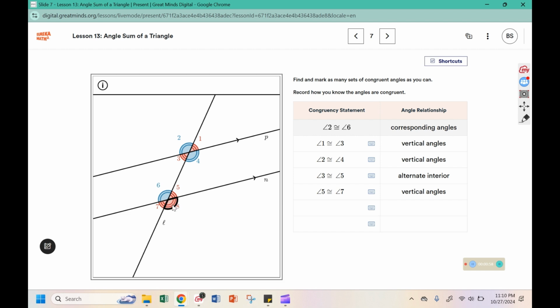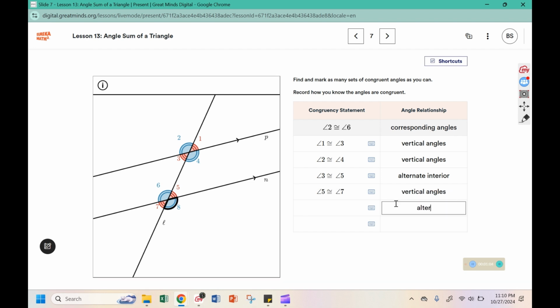Two and 8 are congruent by alternate exterior. We also see 1 and 7 are congruent by alternate exterior.